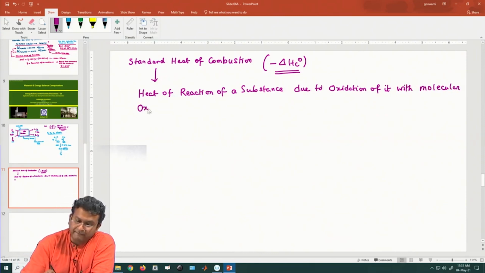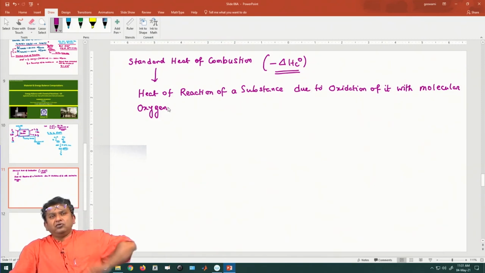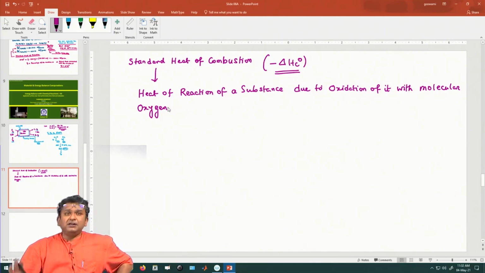And in the other part you have had detailed discussion on combustion reactions, etc. So, here what we essentially do, we have a combustible compound, and what you look at is the heat of reaction associated if you burn it or combust it or oxidize it in stoichiometric oxygen only.